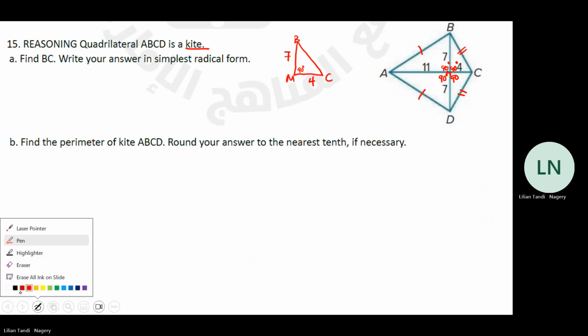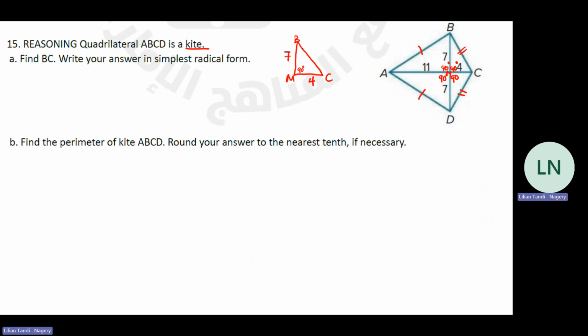Now, the question wants me to find the hypotenuse. So this is a right triangle. So this is A, this is B. We want to find C. Remember, C is directly opposite the 90-degree angle. Okay. So to find BC means we are finding C. So how do we find C?